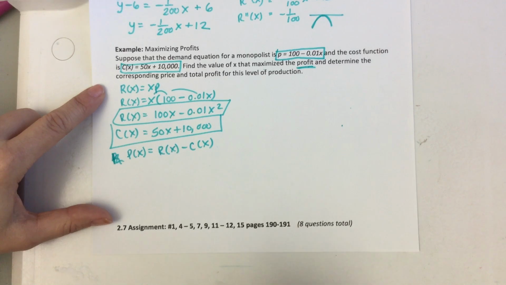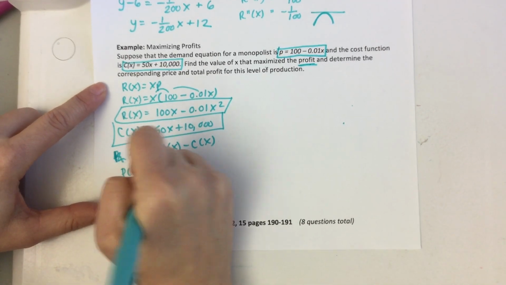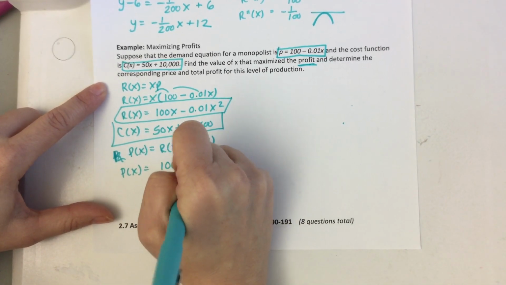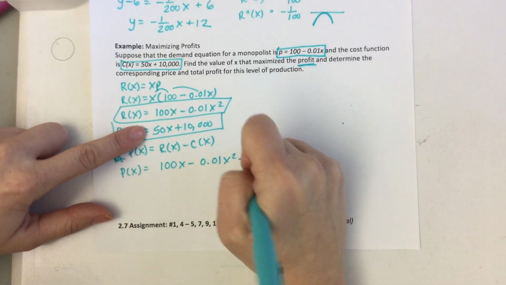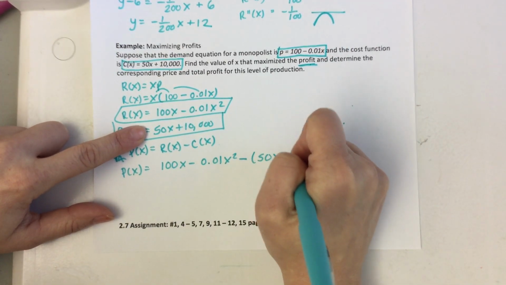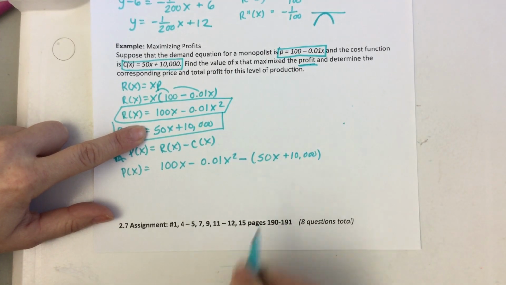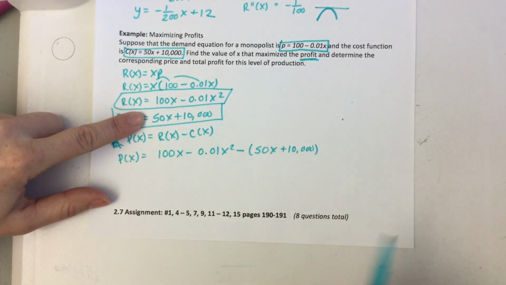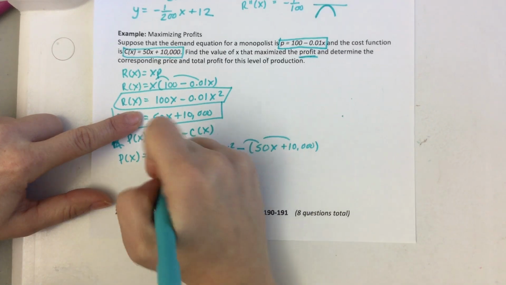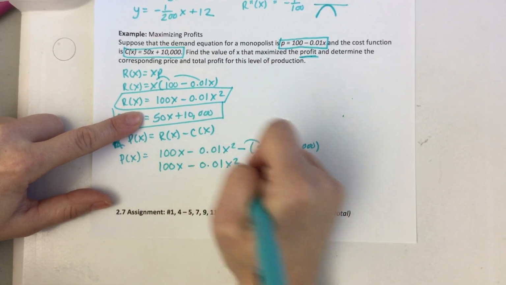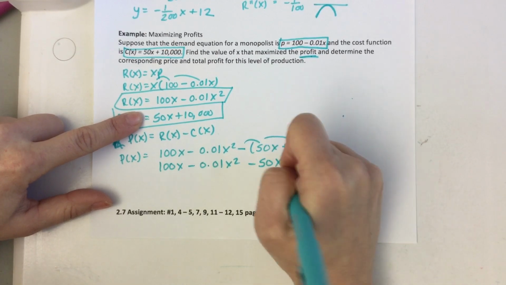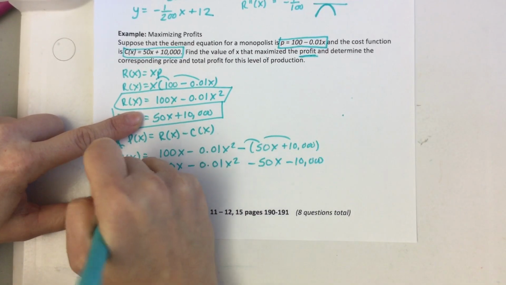So now I can go ahead and find that. Profit, I take the revenue, 100x minus 0.01x squared, minus the cost, 50x plus 10,000. Because the cost had more than one term, I need to make sure I distribute. So it's 100x minus 0.01x squared minus 50x minus 10,000.